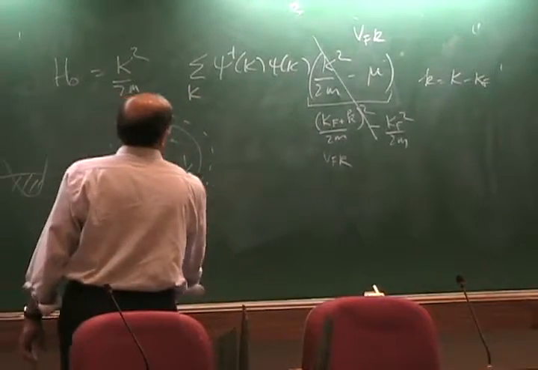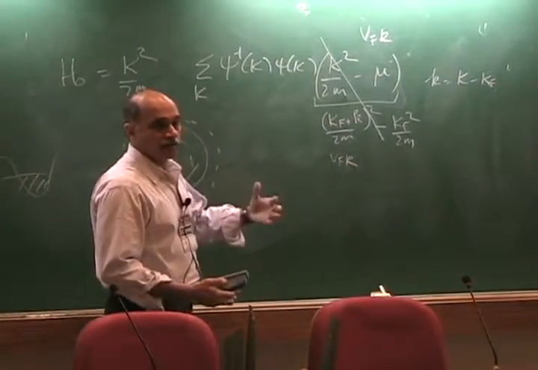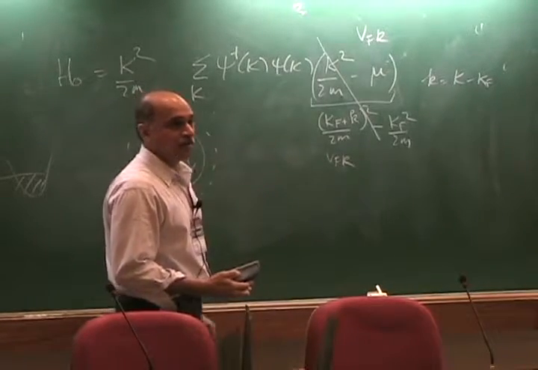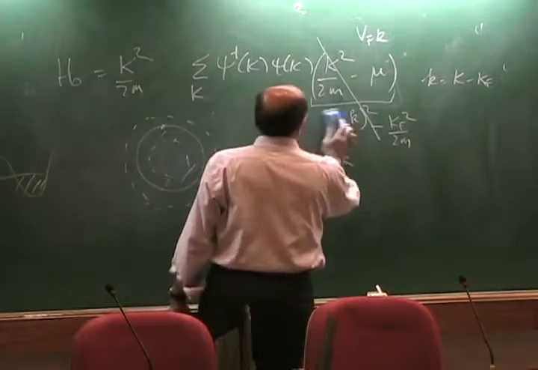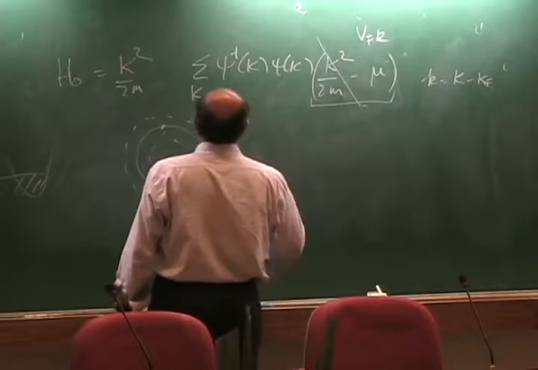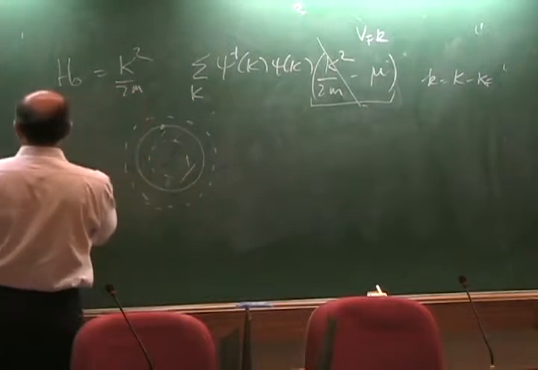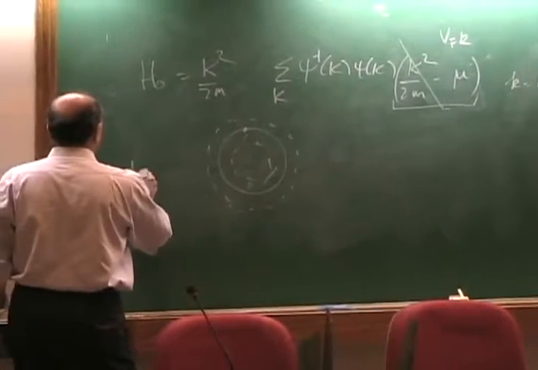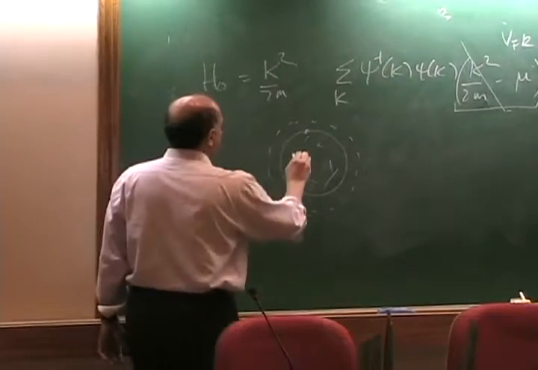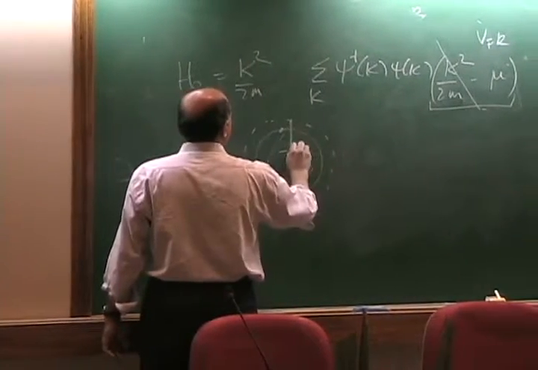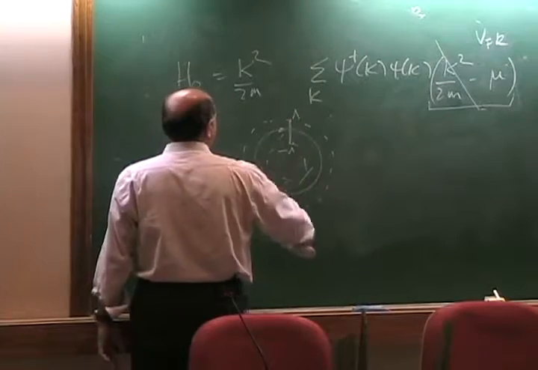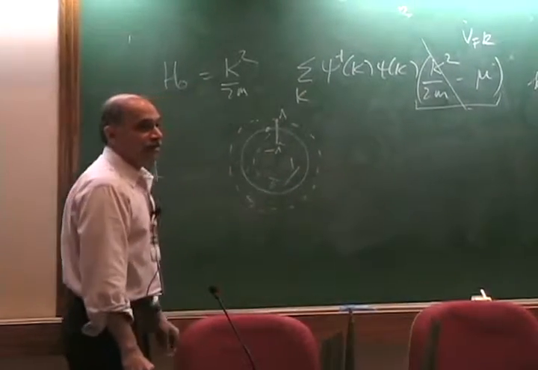So what's the action for the non-interacting problem? I've done all the warm-up, which is why I wanted to do this part today. How is this different from what I did in 1D? In 1D, you had a range of k in the radial direction and two Fermi points. Now I have a range of k in the radial direction from minus lambda to lambda, but the whole angle full of Fermi points.